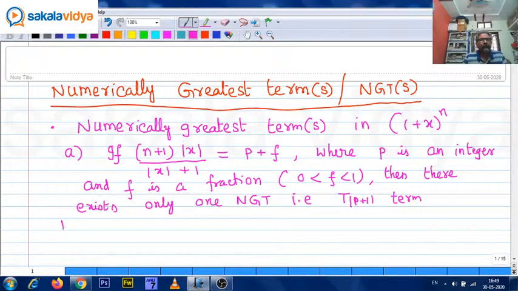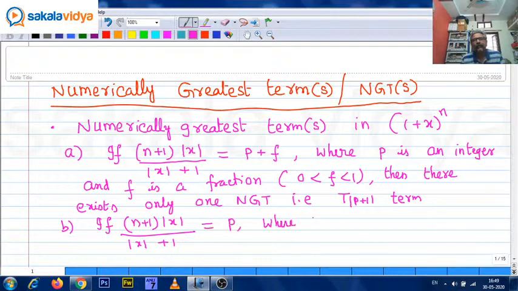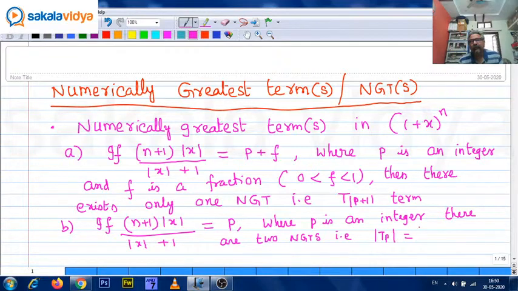So next one is, if (n + 1)|x| upon (|x| + 1) is equal to only p, the fractional part is 0, where p is an integer, then there are two NGTs, two numerically greatest terms, that is T(p) and T(p+1).